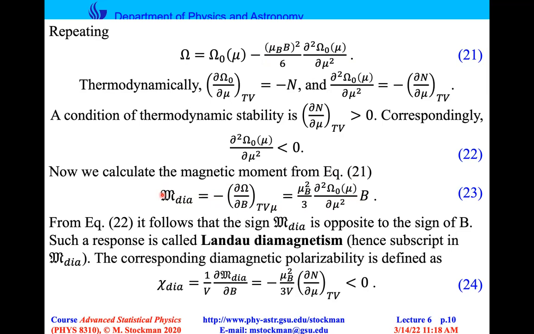A negative contribution to magnetic moment is called diamagnetic moment. So it's a negative magnetic moment, a moment oriented against the field. The result is proportional to the square of the Bohr magneton, with this negative derivative and coefficient 1/3. It comes from this 1/6, this additional summation formula. So this term is a purely quantum mechanical correction to the classical summation.